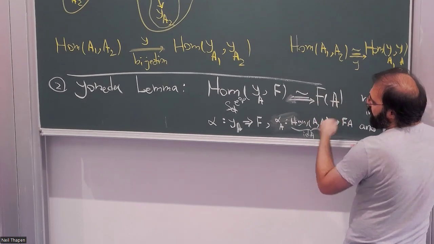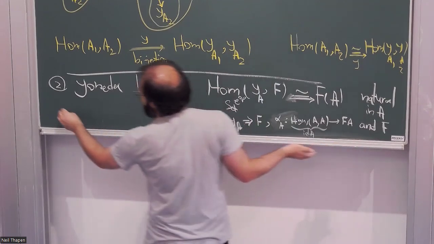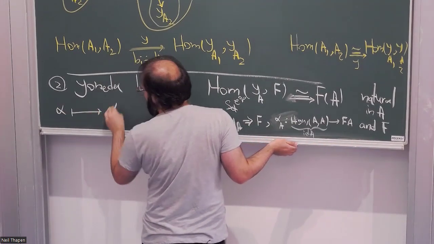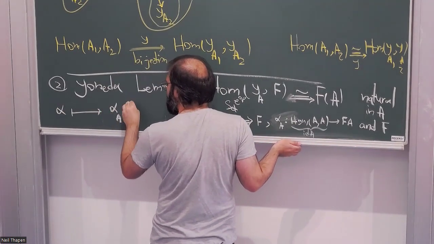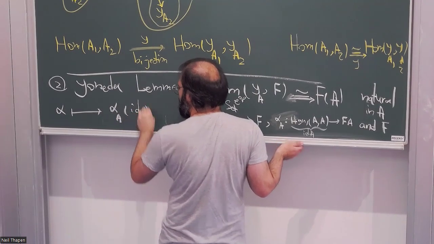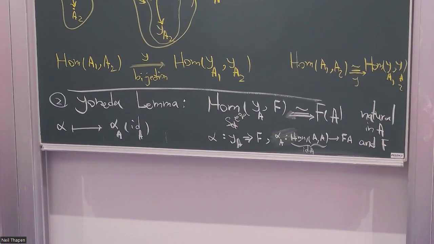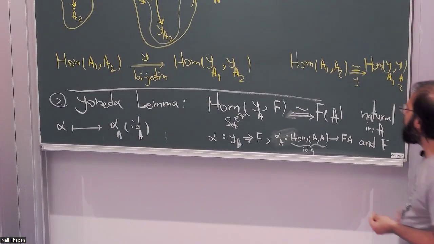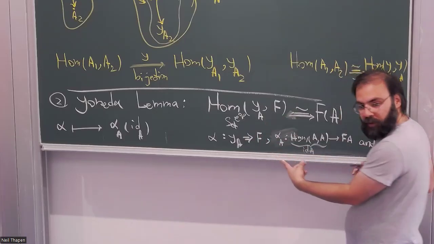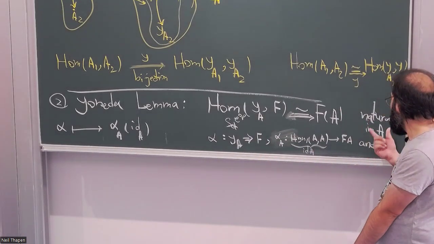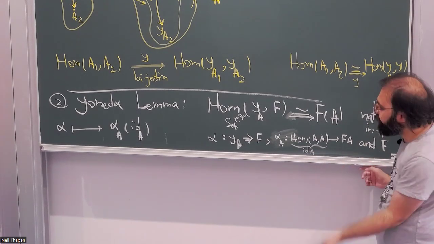The map then is that it maps alpha to alpha A of identity A. It's just here. And I'm claiming that this map is an isomorphism and natural in A and F.